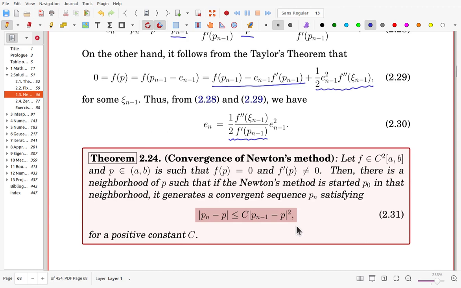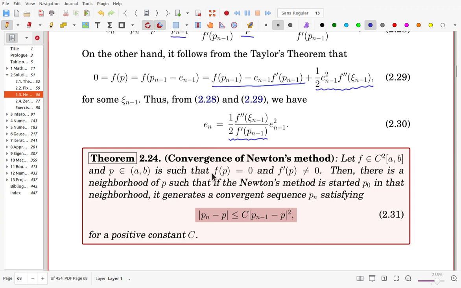And here also, another assumption is that P0 must be chosen in a neighborhood of P. That means that neighborhood must be well chosen, so P0 must be chosen accurately. If not, then the method may diverge.